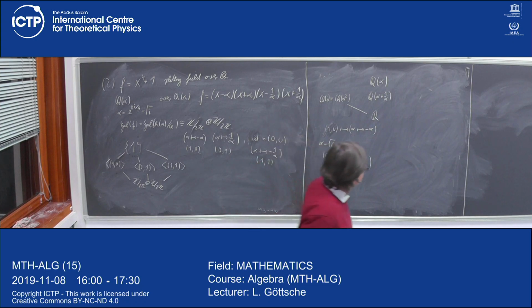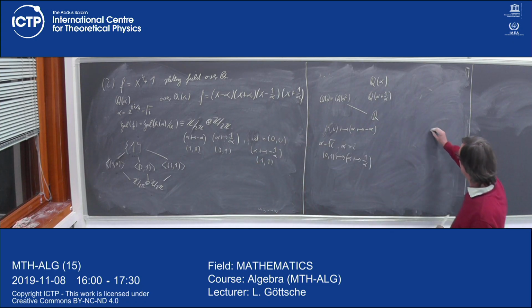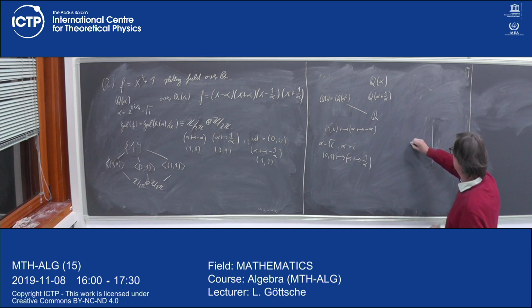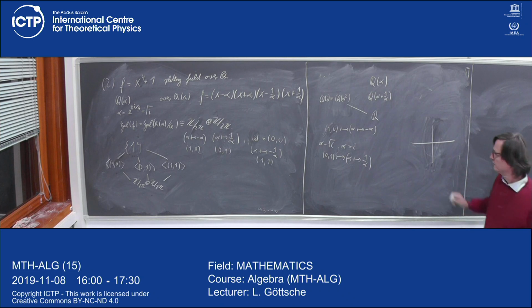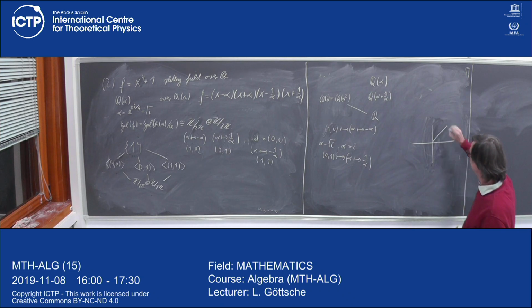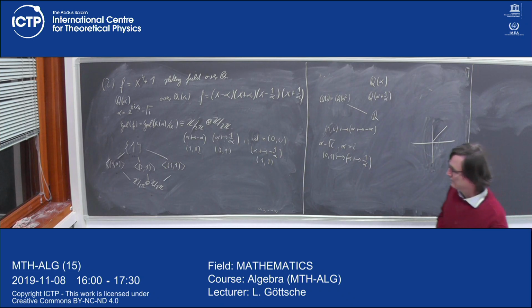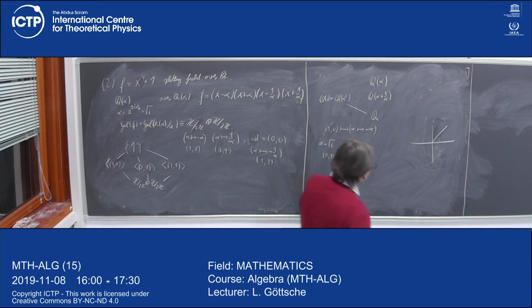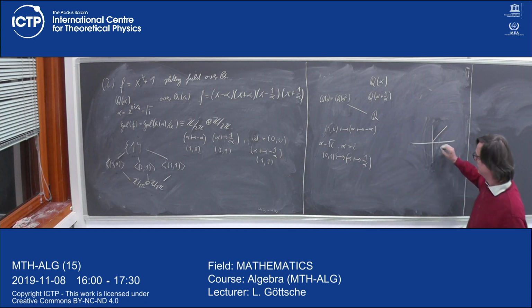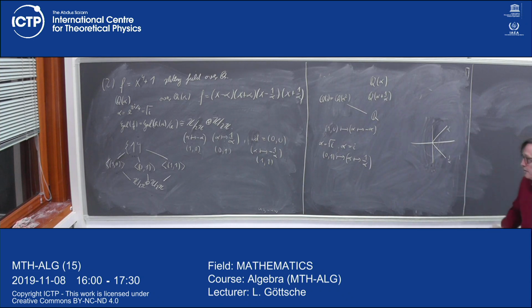Now maybe we can make it also more explicit. If we look at the complex plane, we have here the square root of I. So this is alpha, and this is 1 over alpha. This is e to the pi I divided by 4, and e to the minus pi I divided by 4.